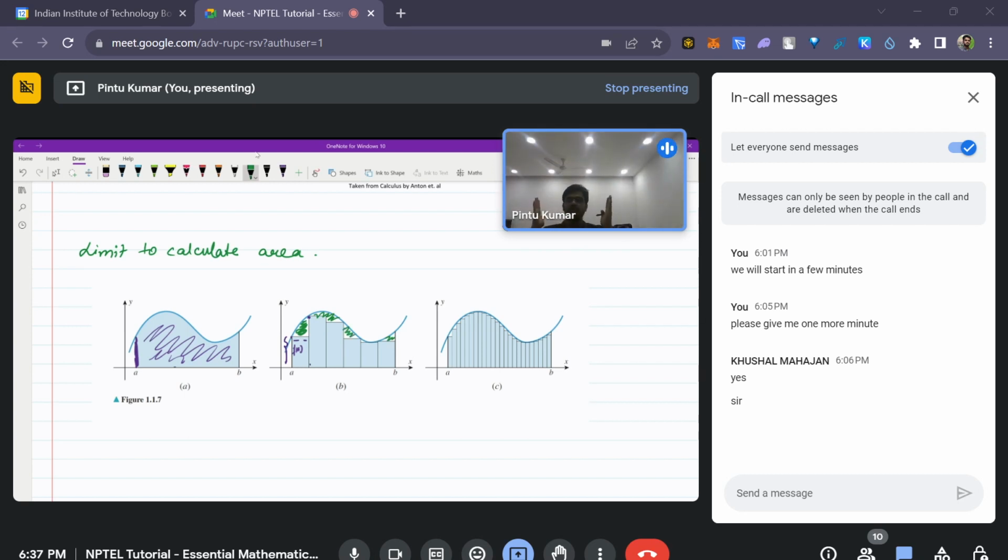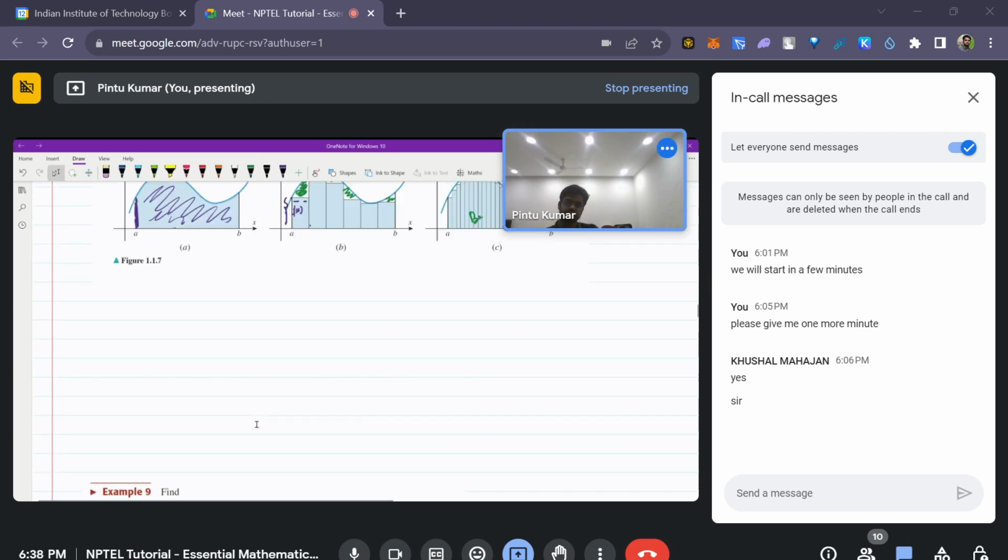If you now make your rectangles finer, then you get a better estimate. Now if you limit the width of the rectangle to 0, then you can get a perfect fit with 0 error. This is the idea behind integration. So both quantities that you study in calculus, integration and differentiation, evolved out of the idea of limits. That's why studying limits is important.